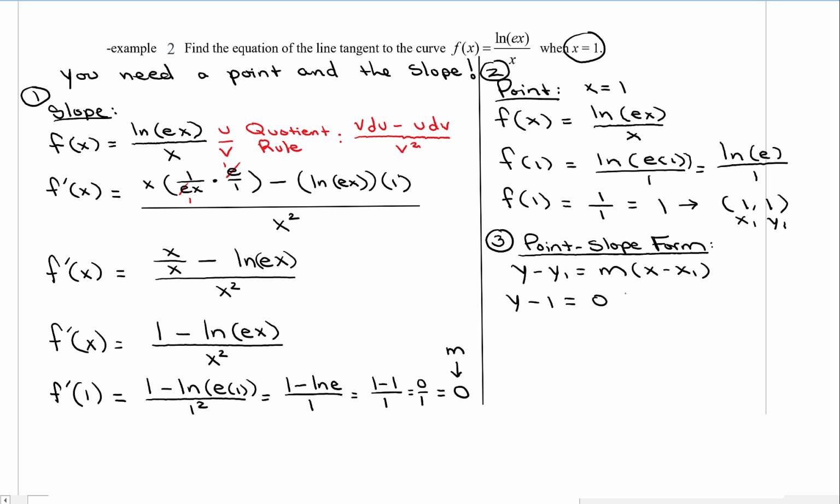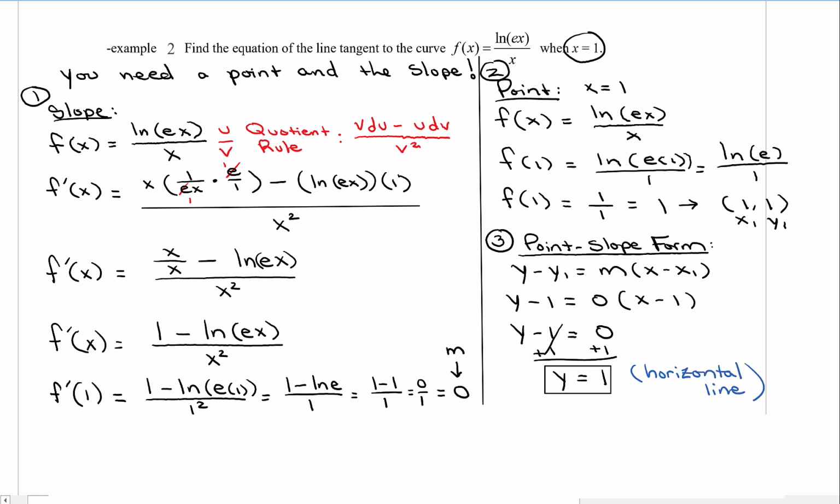So 1 minus 1 equals 0 times the quantity x minus 1. Then we're going to end up with y minus 1 equals 0, and we're going to add 1 to both sides to isolate y, and we will have y equals 1. Y equals 1, we're going to box that in because that represents our equation of the line tangent to the curve f of x when x is equal to 1.